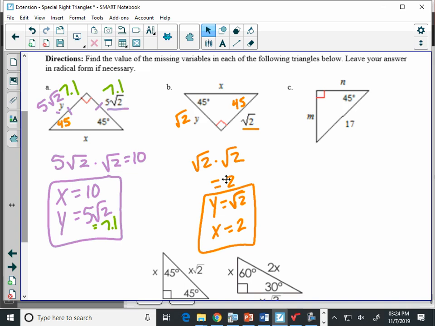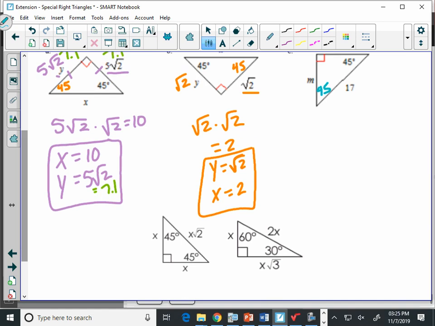If we take a look at C, this time we still have a 45, 45, 90, but we're given the hypotenuse. So we're going from big to small, hypotenuse to leg, and we have to cancel out that radical 2. So we're going to divide by radical 2.